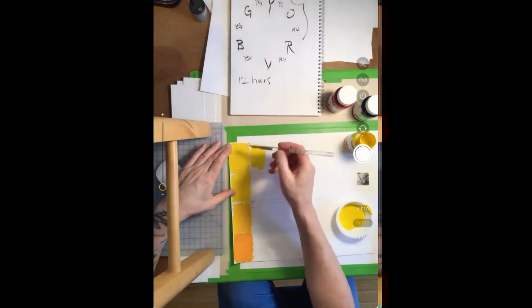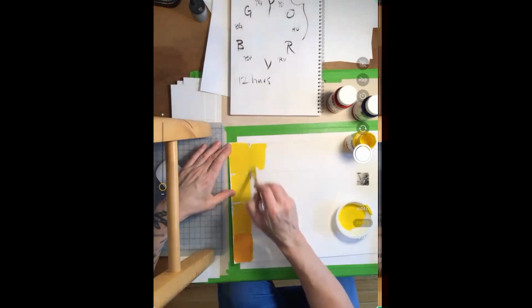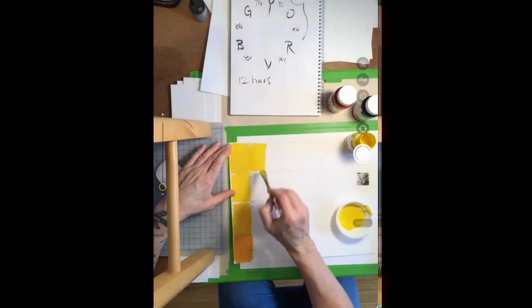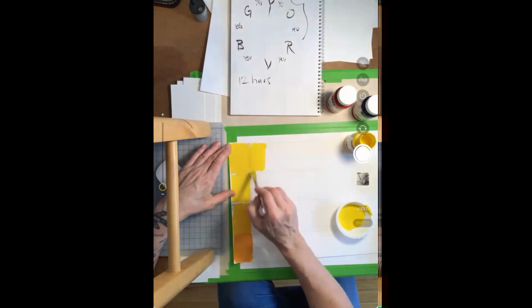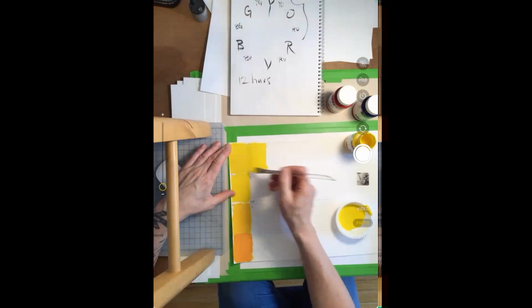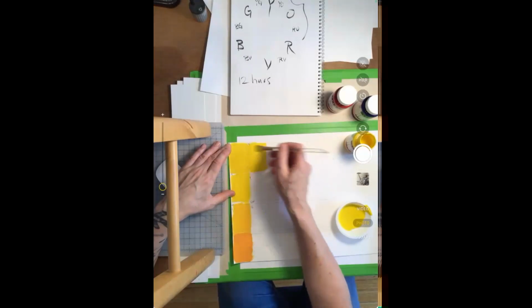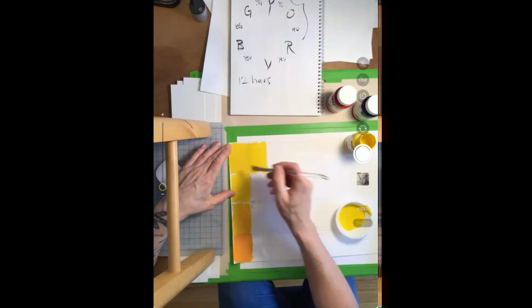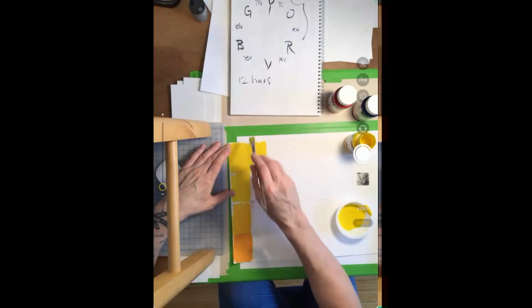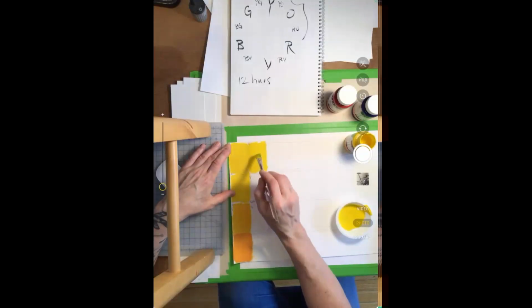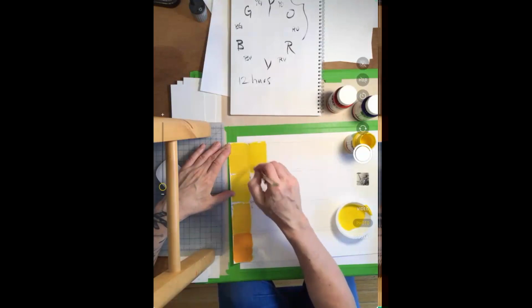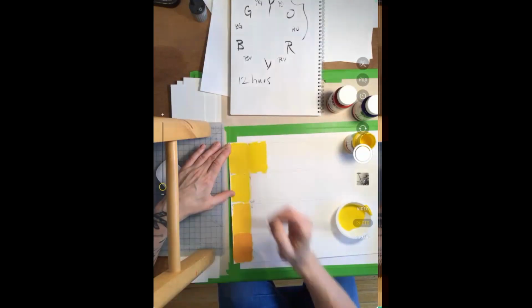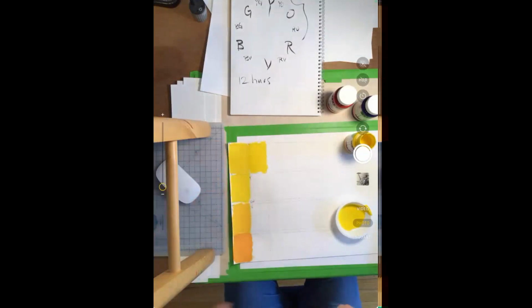I'm trying to keep this, especially with the yellow, I don't want to make it too thin, so I want to get the paint off the brush. So the strokes are all the way across, but at first I pull up a little short so that as I paint it starts to spread a little bit. And then I get that.